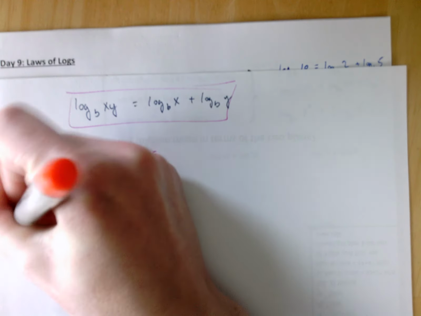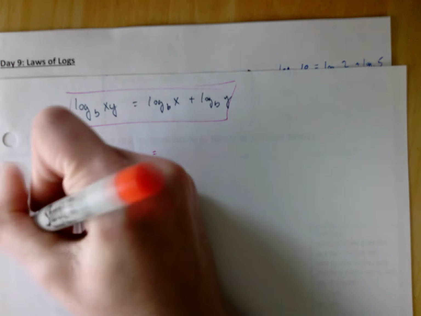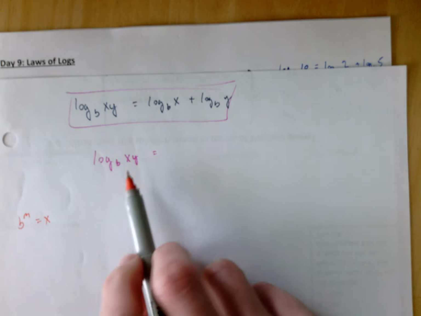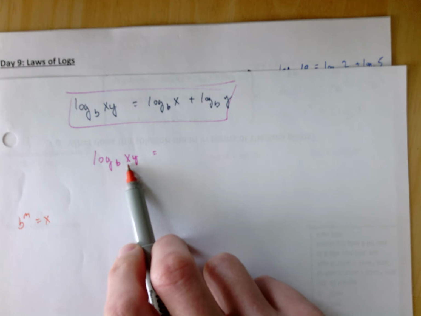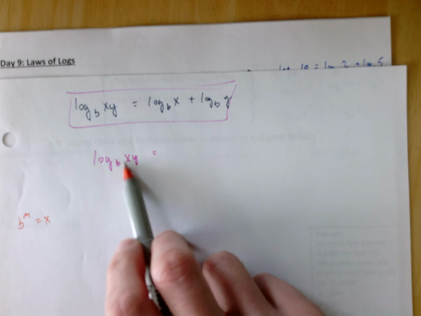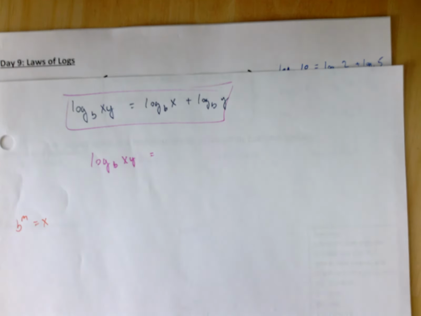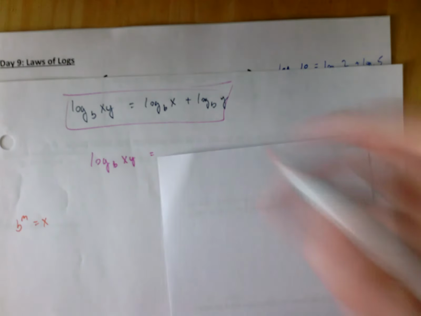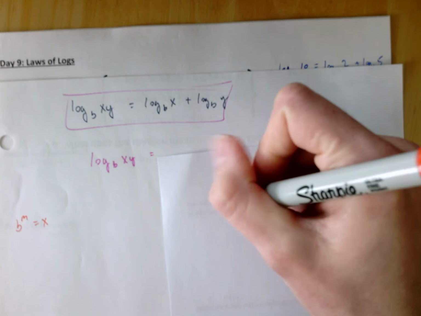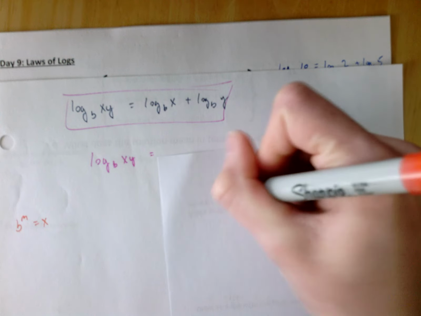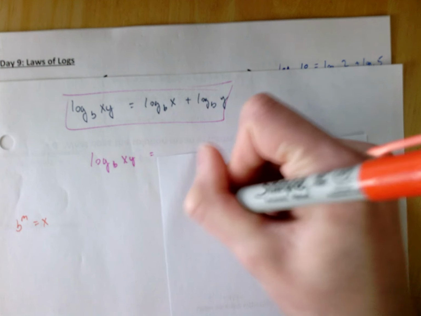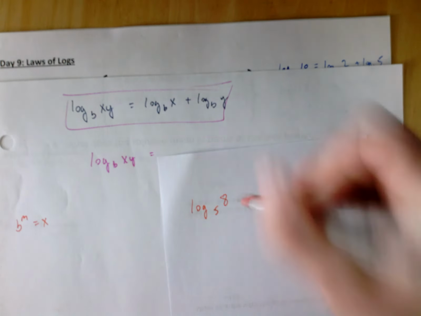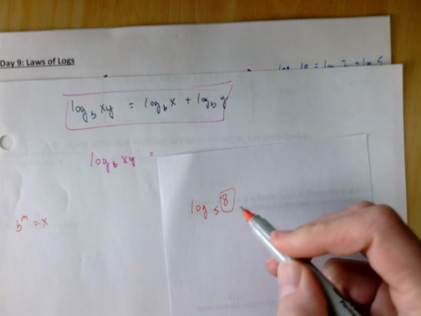Where b to some number m equals this x value. Whatever the number is, you can somehow rewrite it as a power of something else. So I'm going to take this number x and rewrite it as b to the m. As an example, say it was 8 and we had log base 5 of 8, and I want to rewrite this number 8 as some power of 5.